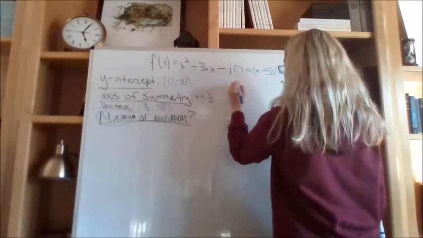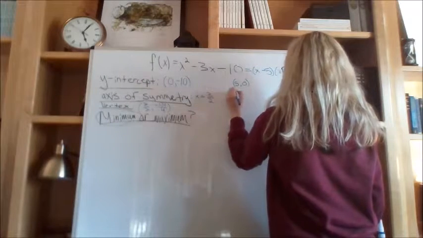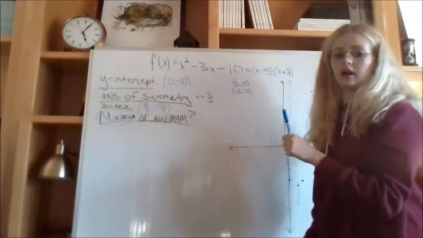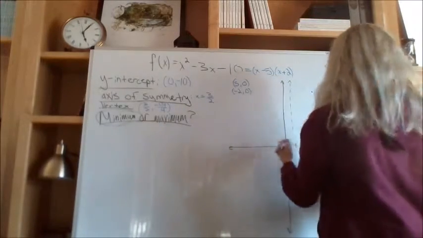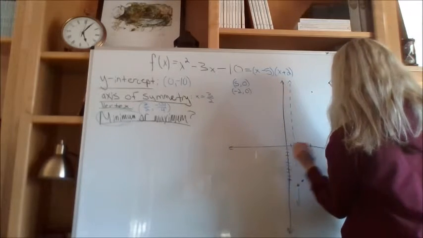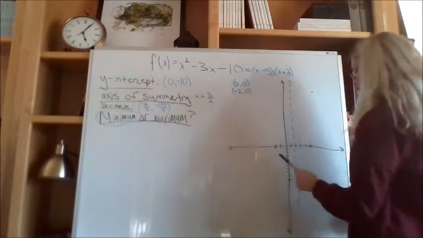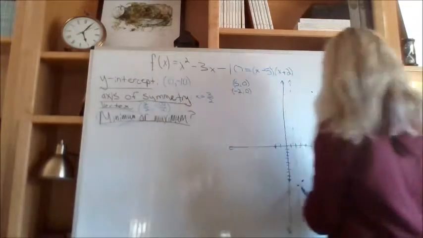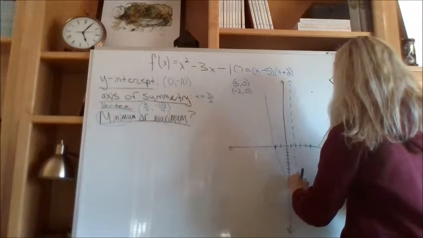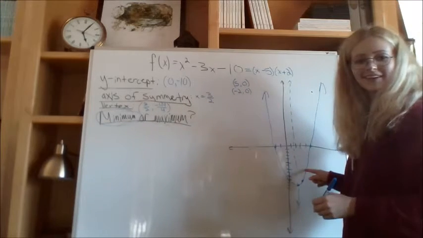So we know that the points (5, 0) and (-2, 0) also exist and are very nice and easy for us to plot. And then since we know that this point is the minimum, there we go.